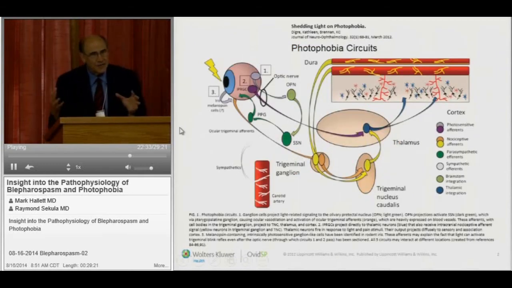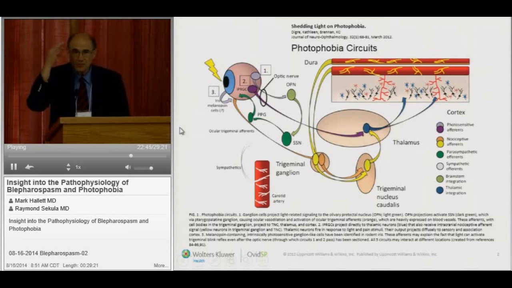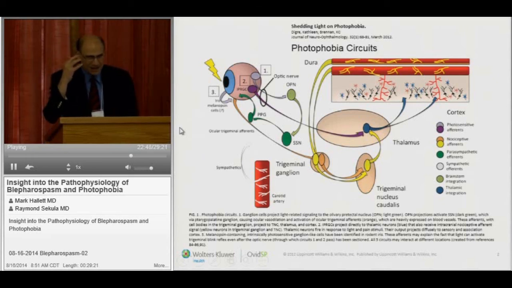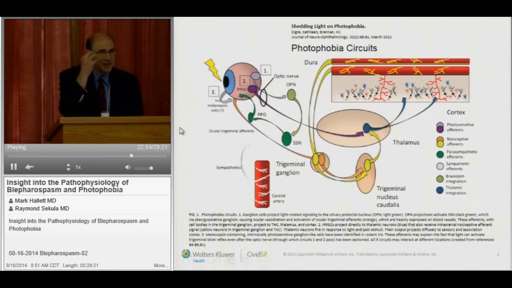Now, another thing that's interesting about these melanopsin cells is that they have been identified now not only in the retina, but also in the iris, the colored part of the front of the eye that gives you blue eyes or brown eyes. And there are melanopsin cells there, and there are also possibly some melanopsin cells in the cornea itself.